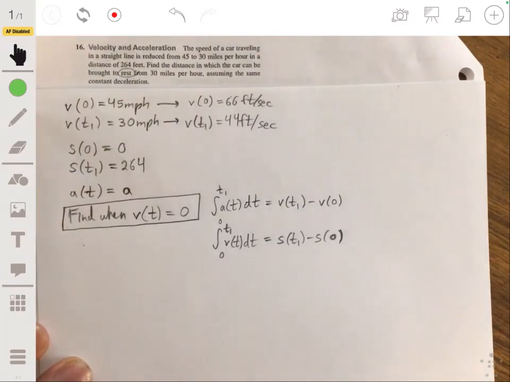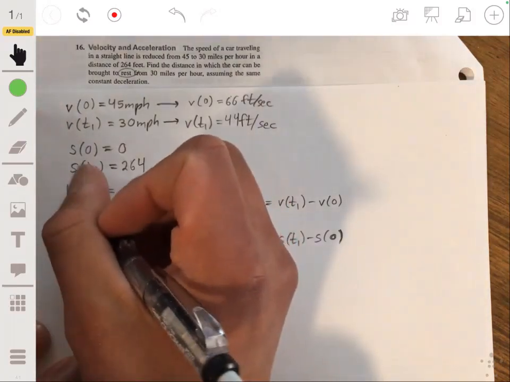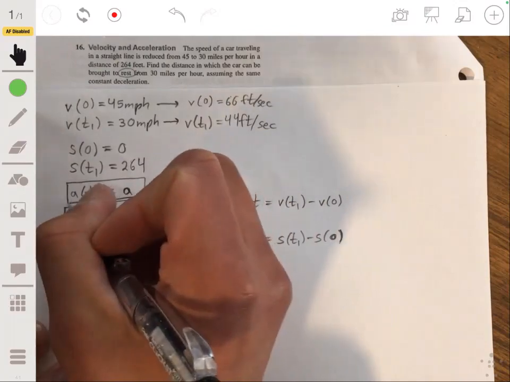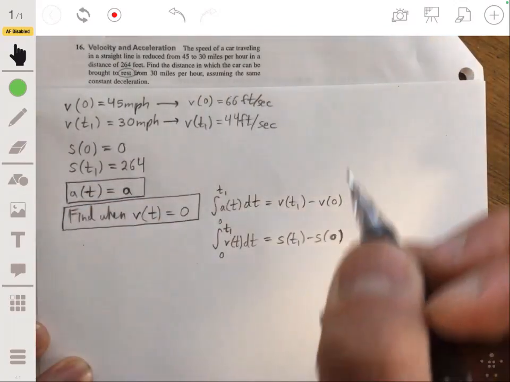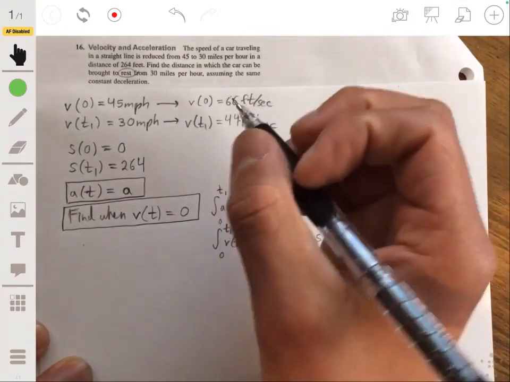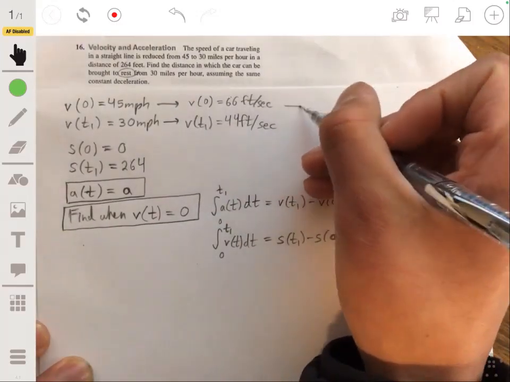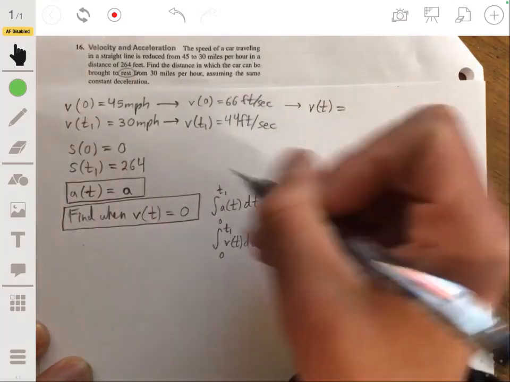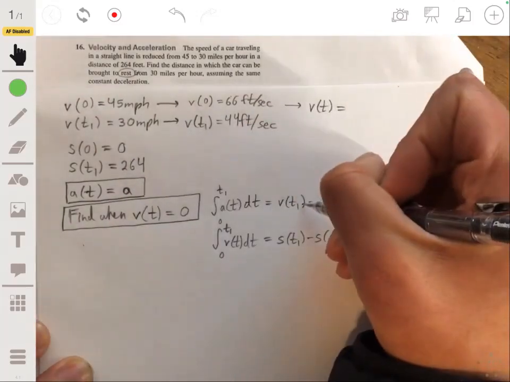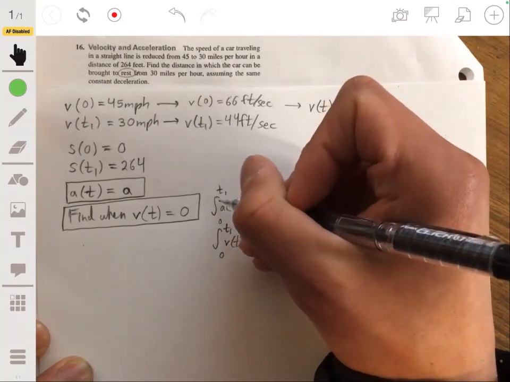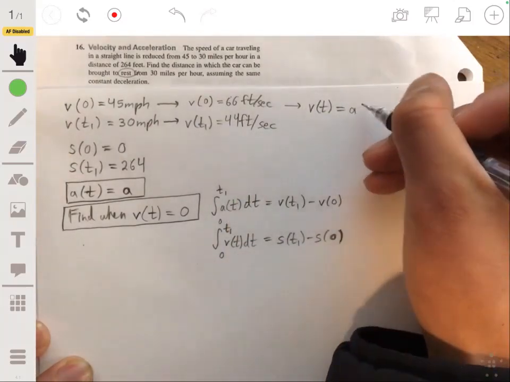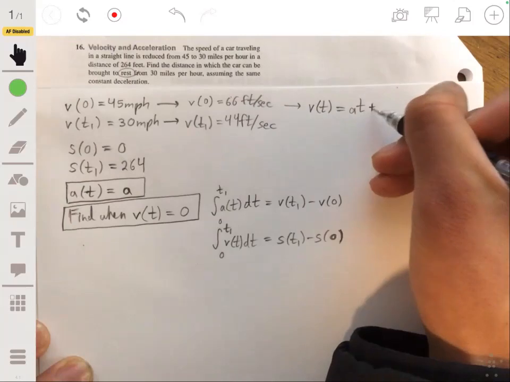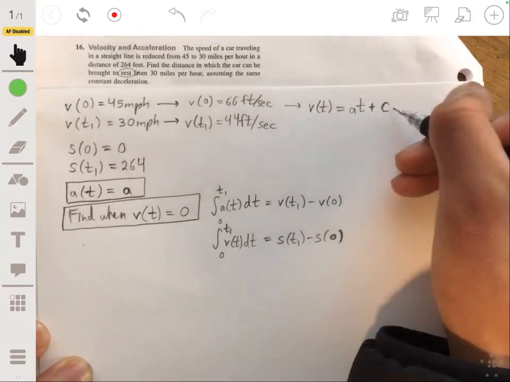Now, let's make some equations for velocity, acceleration and position. We have an equation for acceleration, but we're just going to say it's a, because we're told it's constant. Now, velocity: if we integrate a of t, we would have v of t equals at plus some constant c1.